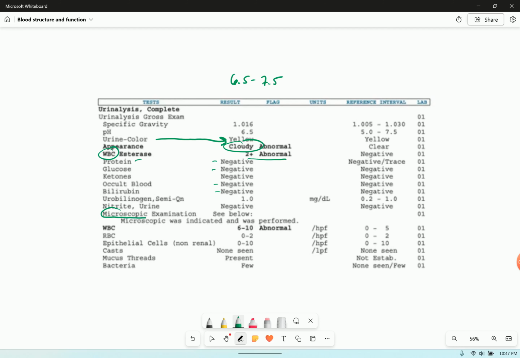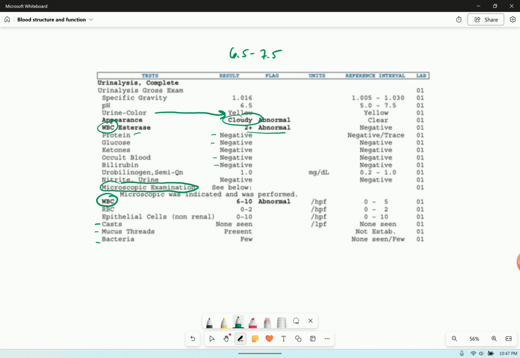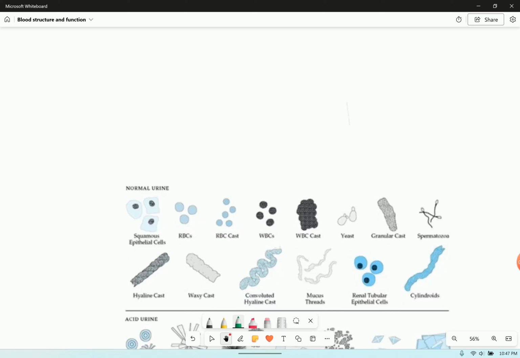Okay, a microscope exam. We'll talk about that in a second. Found white blood cells, no red blood cells, and or casts, which we'll talk about in a second. Okay, so this person is dealing with some sort of an infection. Okay, it could be a urinary tract infection, a bladder infection, or a kidney infection.